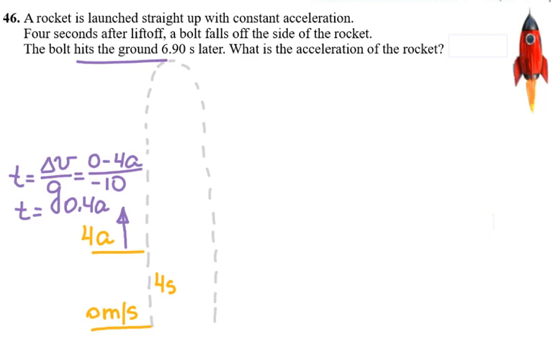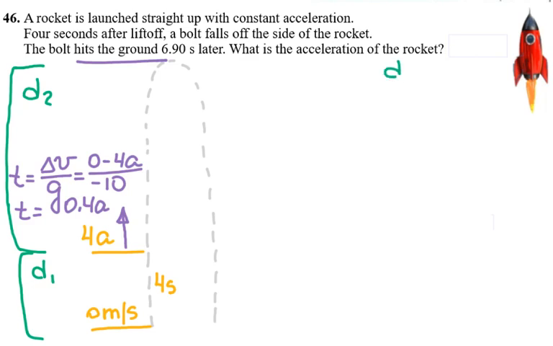Let's figure out the distance it traveled. So I'm going to figure out the distance traveled here, and the distance traveled over here. Let's call this distance 2 and this distance 1. Distance 1 is equal to the average velocity, which is 4a plus 0 divided by 2, so 2a, times the time, 4 seconds.